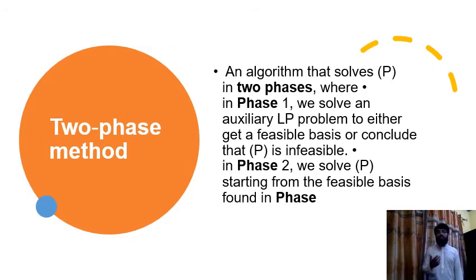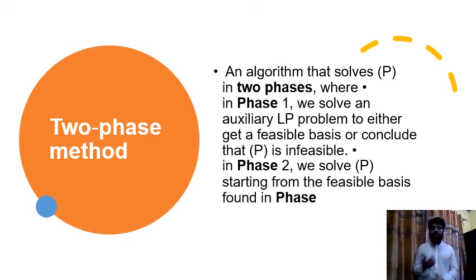In phase 2, we solve starting from the feasible basis found in phase 1. There are two types of phases: phase 1, which solves the problems, and phase 2, which starts from that beginning.